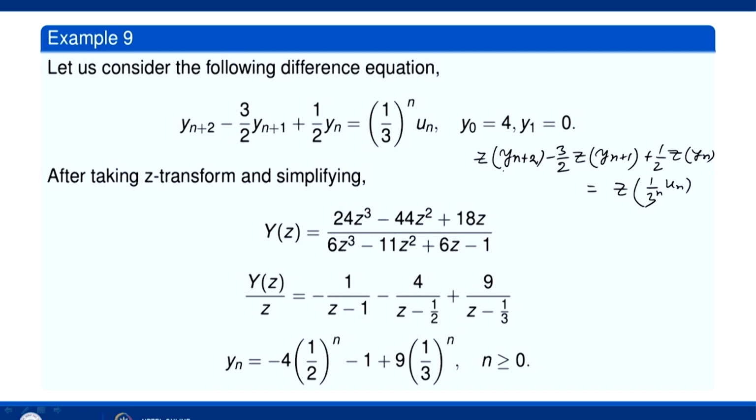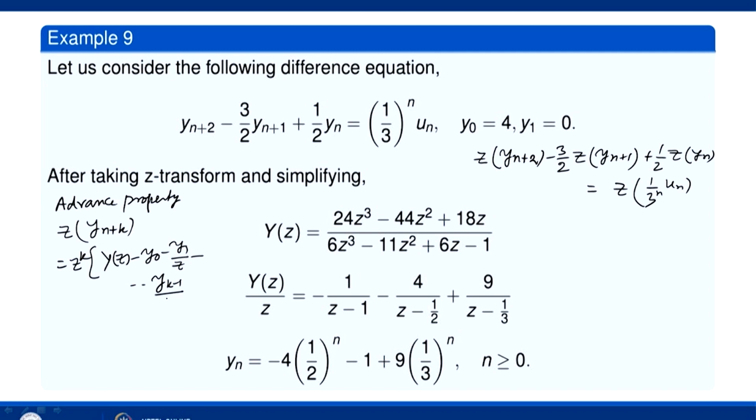Okay. Now, let us use the advance property. The advance property we discussed in the previous lecture. It says that Z of y(n plus k) equals Z to the power k into [Y(z) minus y(0) minus y(1) by Z and so on, y(k minus 1) over Z to the power k minus 1].